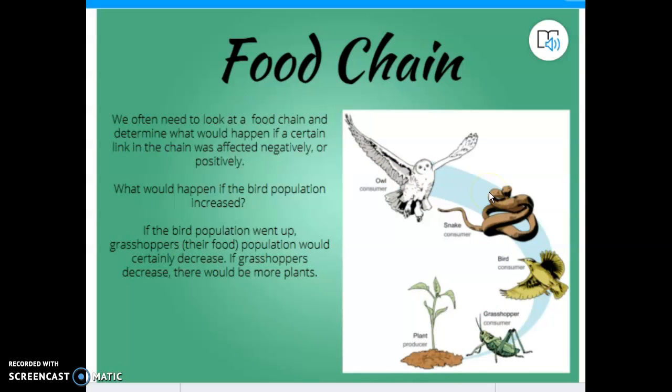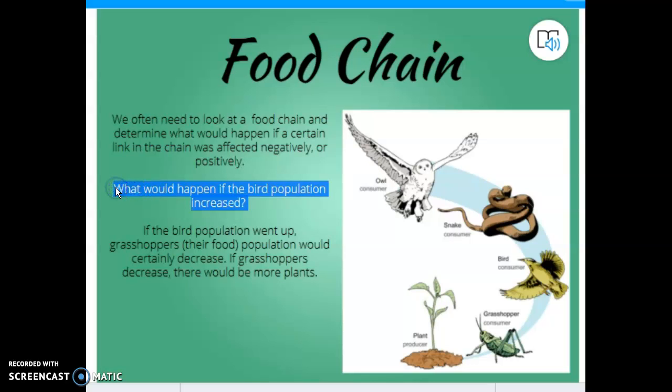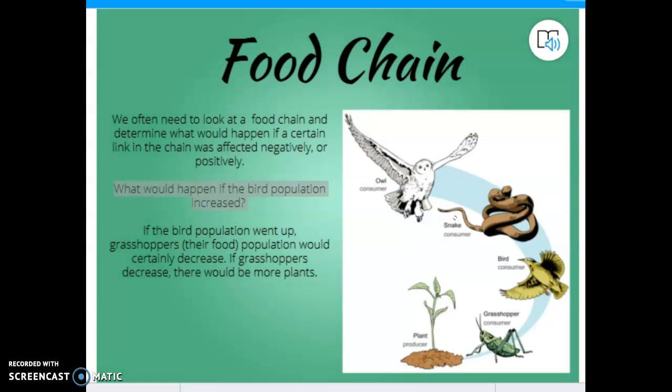We have to slow down and say, what's going to happen if a part of this food chain is affected in a negative way? For example, what would happen if the bird population increased? Give me 1 second. So basically what I'm asking is, what's going to happen if the bird population increases? Means to go up.